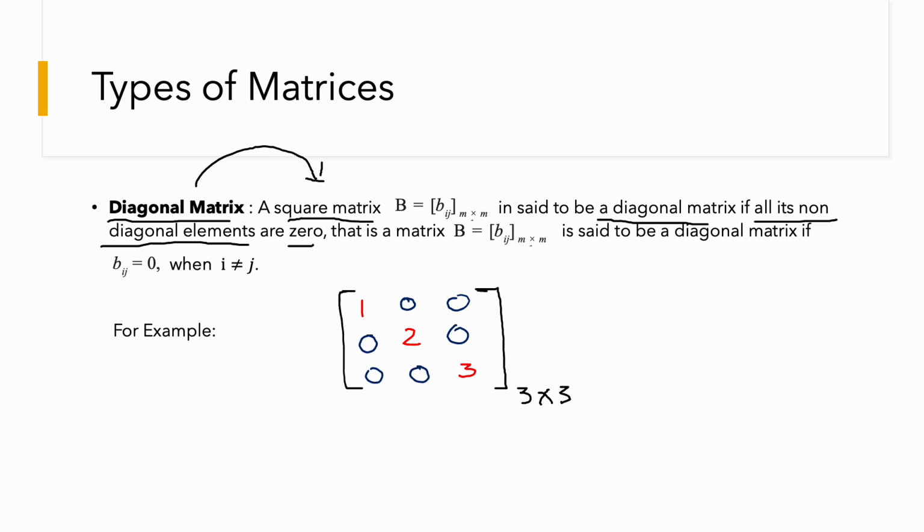Okay, so you can see that you have a diagonal matrix over here, and Bij, where i is not equal to j, means they are talking about the non-diagonal elements, which have to be 0.